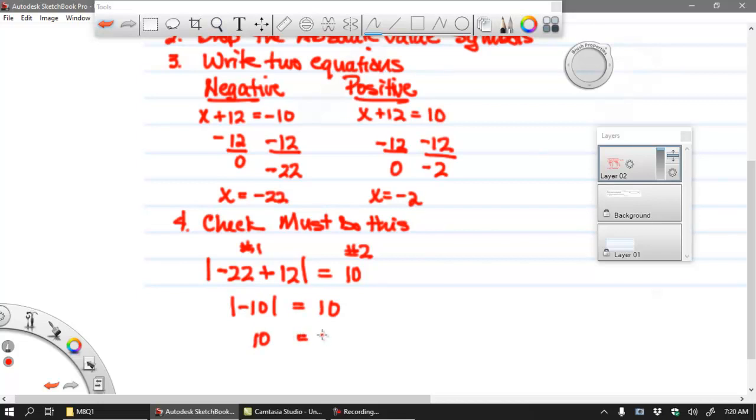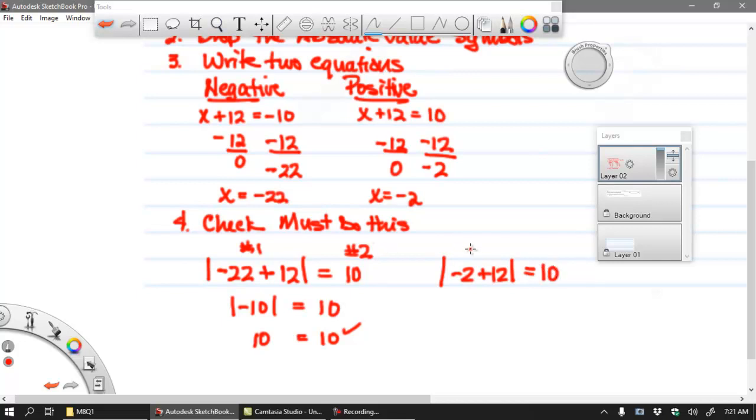So now these two 10s are different 10s. This comes from one place, this comes from a different place. They work out, so the left-hand side is equal to the right-hand side, so that checks out. Now we'll do the other side of the absolute value. So I will have the absolute value of -2 plus 12 equals 10.